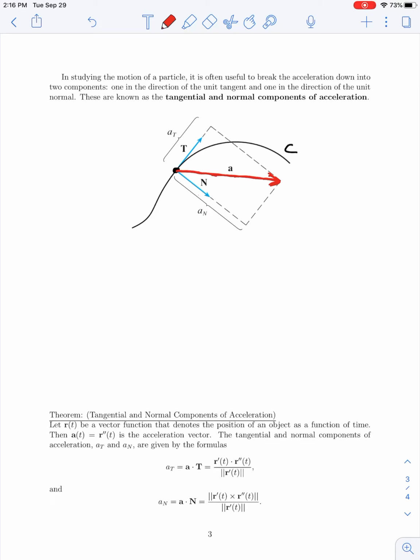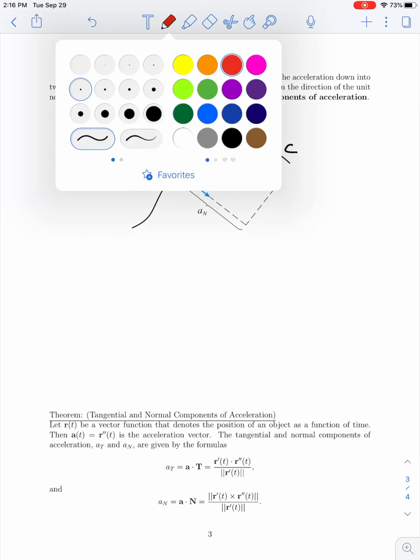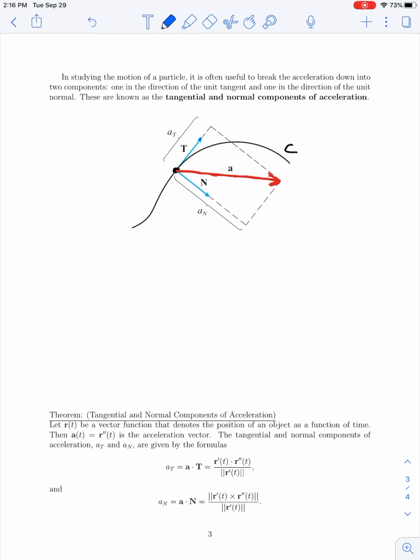Now, in some applications, we might be interested in determining how much of this acceleration vector is acting in the direction which lies tangent to our curve. So that is the direction defined by our unit tangent vector, and how much of this acceleration vector is acting in a direction which is normal to our curve, which would be defined by this unit normal vector n.